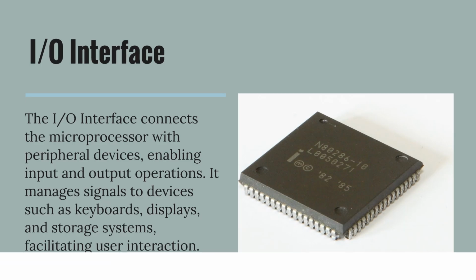The input-output interface connects the microprocessor with peripheral devices, enabling the input and output operations which manage the signals to devices such as a keyboard, display and other storage devices, which also facilitates user interactions.